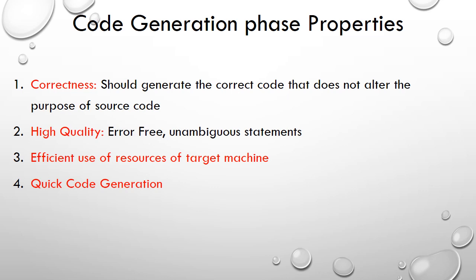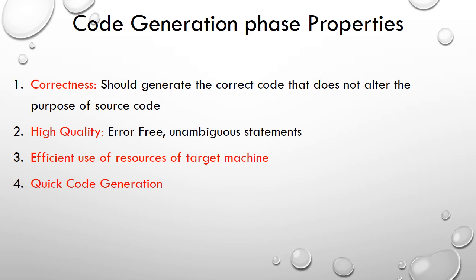Third property is the efficient use of resources of the target machine. So the code generation phase should design the assembly language code such that it uses the resources of the target machine efficiently. Target machine means the machine on which it is going to be executed.